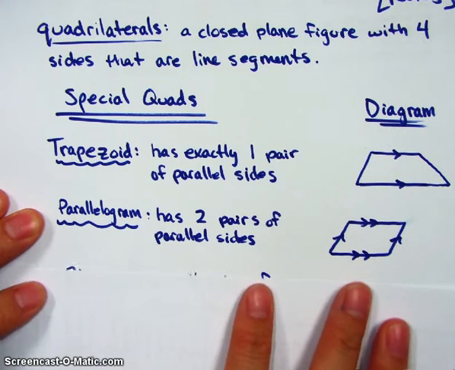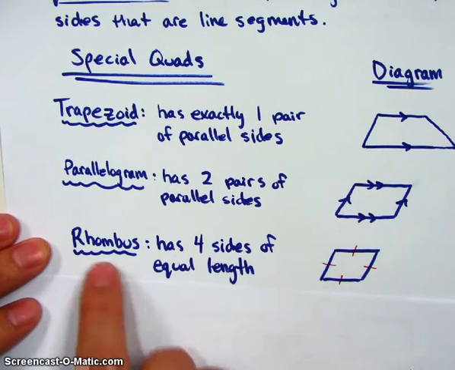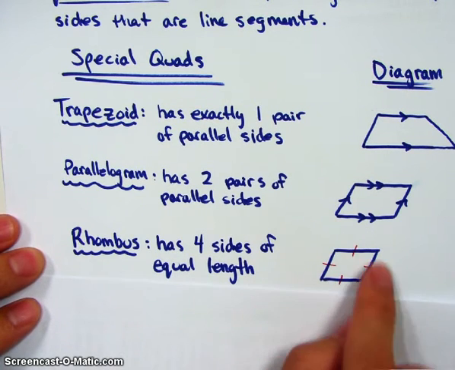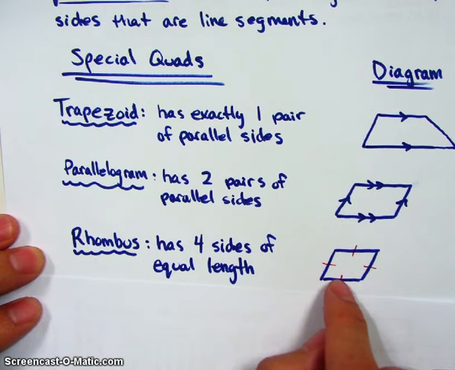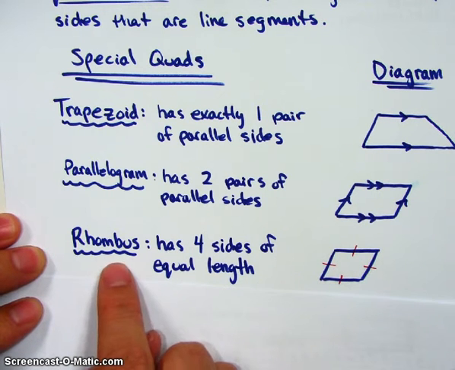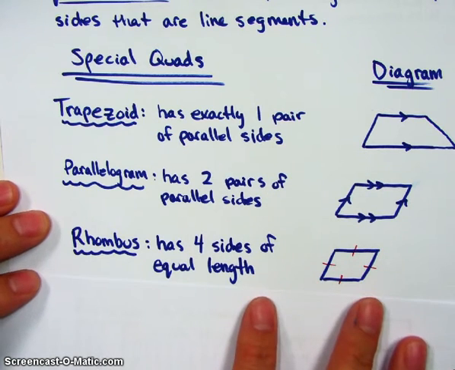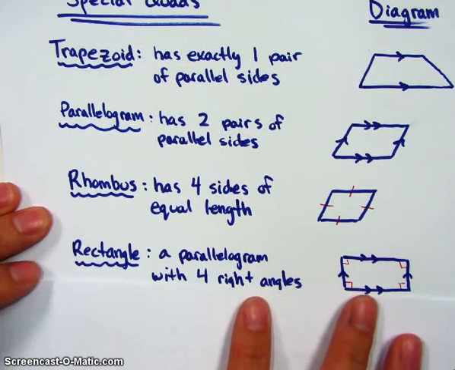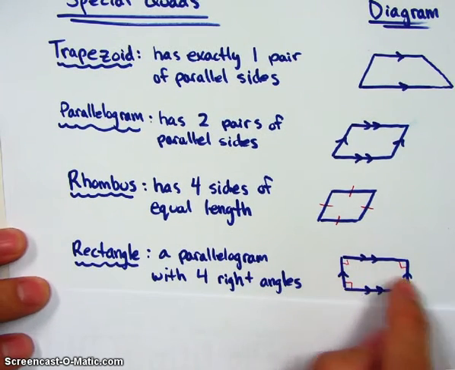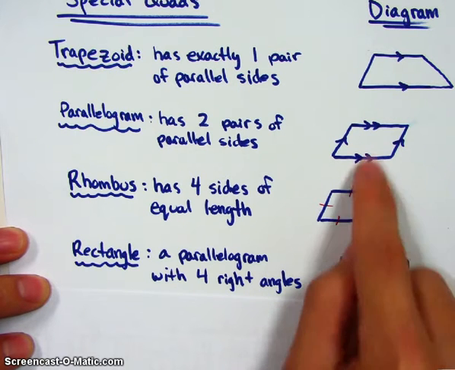All right, now we're going to get a little bit more specific. Now, if a quadrilateral has four sides and all the sides are equal length, it's considered a rhombus. Okay, that's the bigger outside view of it all. So that's a rhombus. And then more specifically, if you have something that's a quadrilateral that's parallel, so it's a parallelogram, right?